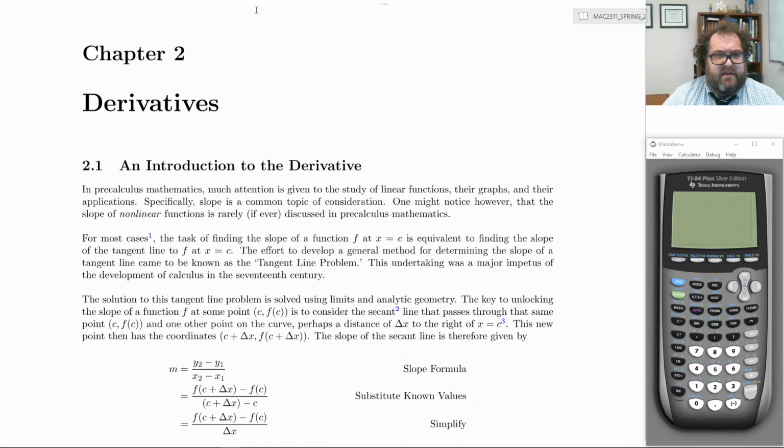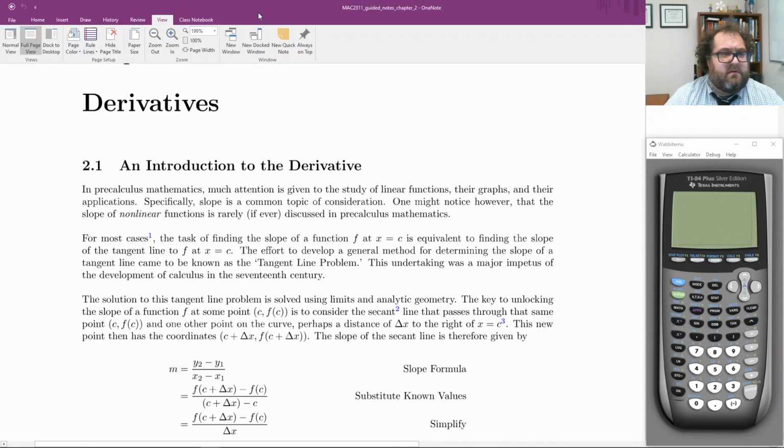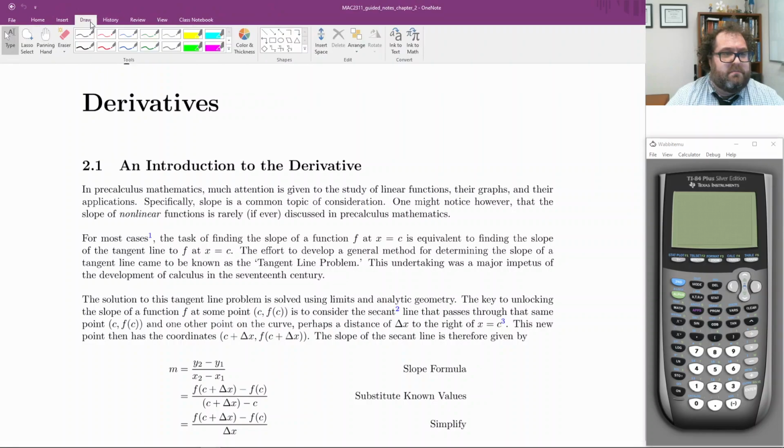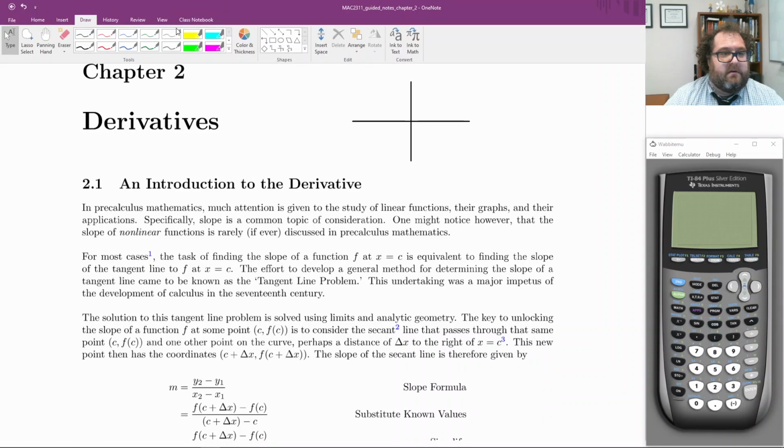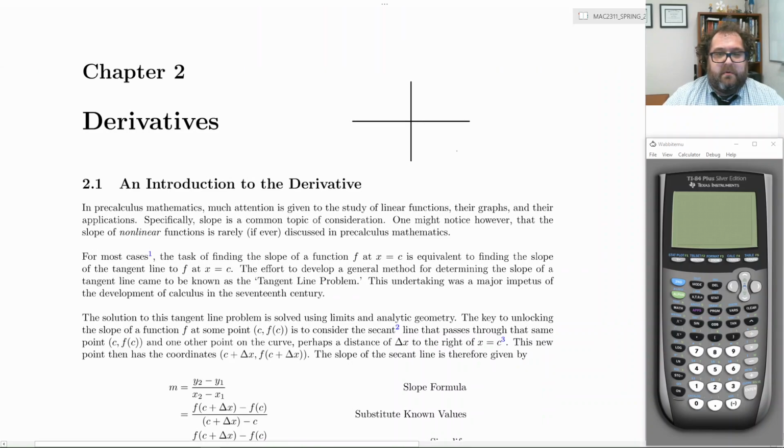Let's sketch them real fast. Let's see if we can get some shapes here. Here we go. Something like a parabola. Actually, let's just forget it. No parabola.